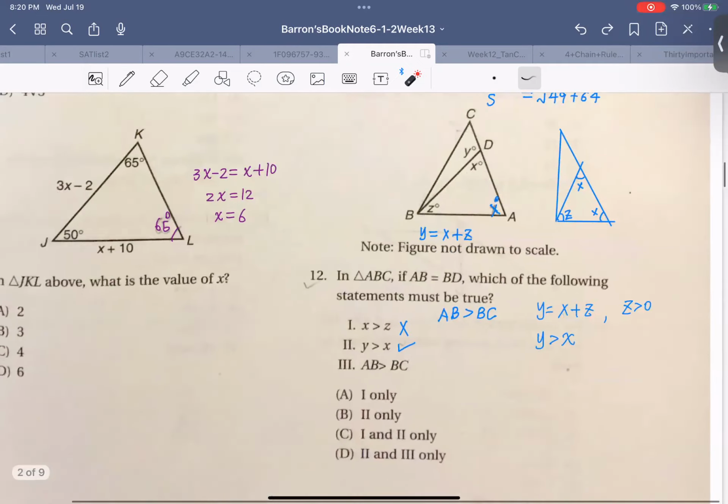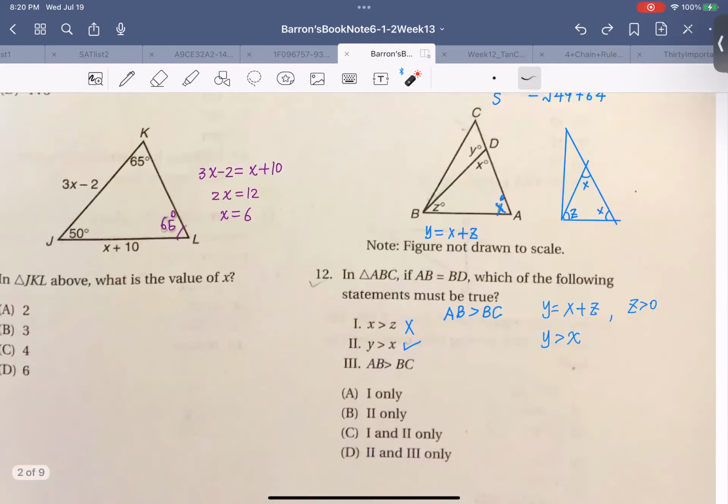Let's see here. Look at this graph. It's all about triangles. AB equals BD. Look at here. AB and BD are equal. Which one must be true? If AB and BD are equal, these two sides are equal, so you will have these two angles equal.